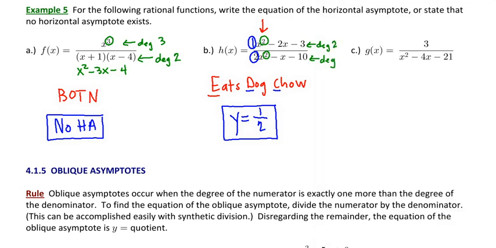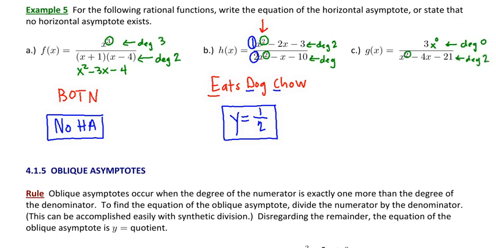The last example here is g of x. The numerator is constant. We could think of it as 3 times x to the 0th power, because remember, anything to the 0th power is 1. So 3 times 1 gives us 3. But now we can see the degree of the numerator is 0. The degree of the denominator here is 2.